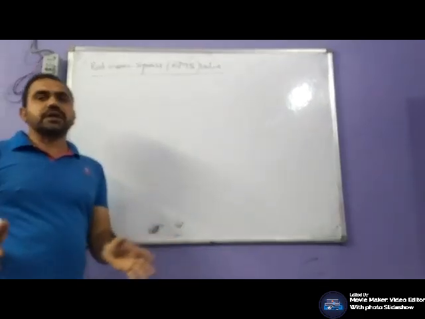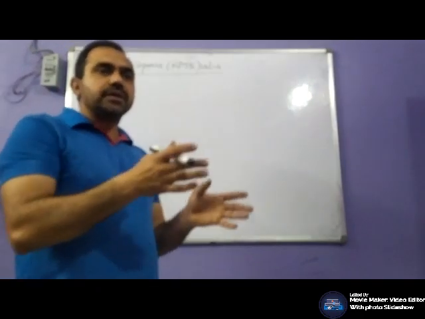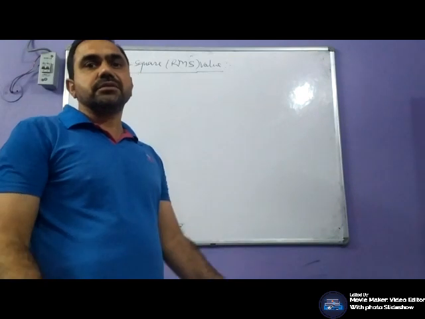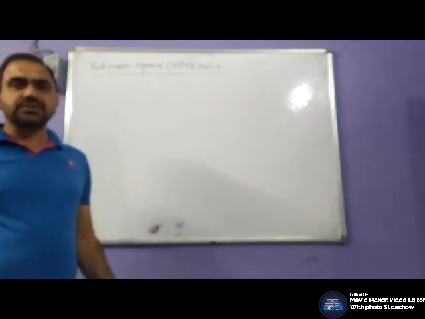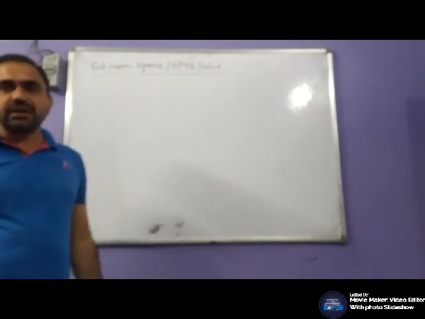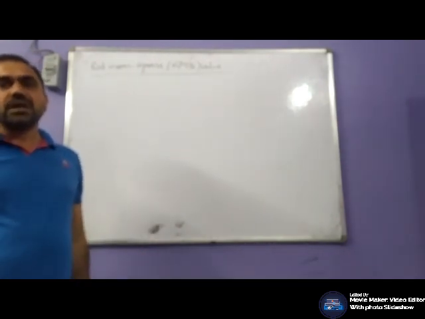All the voltmeters and ammeters measure voltage and current in terms of their RMS value. That's why our electrical quantities are defined in terms of RMS values.